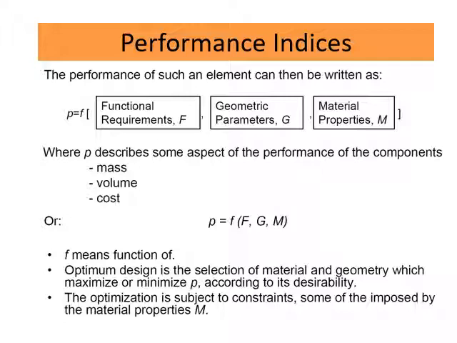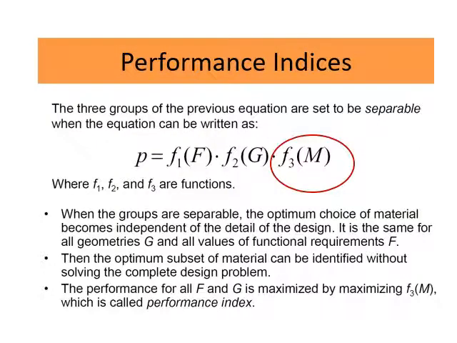Of course, you can relate this with other performance measures such as mass, volume, and cost. In many cases, the function, geometry, and material properties are independent of each other and are said to be separable. That means you can separate this equation. So you actually have three functions, f1, f2, and f3.